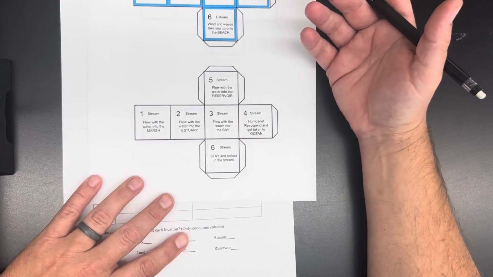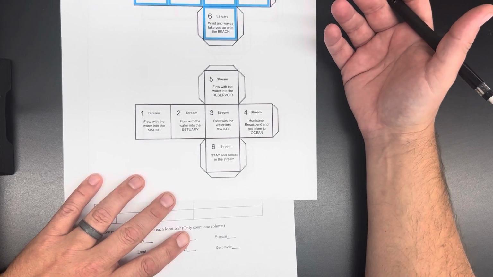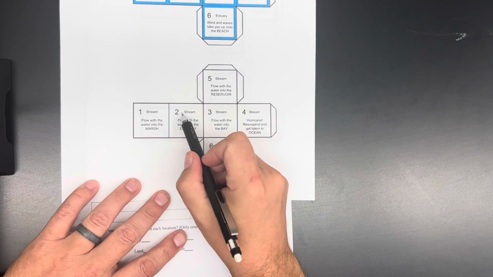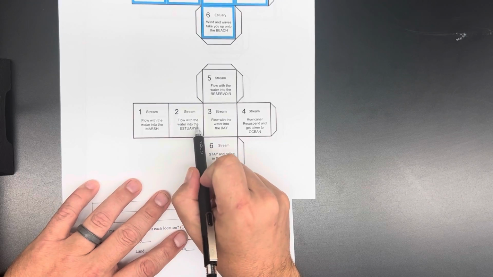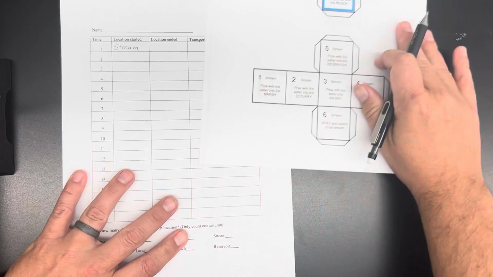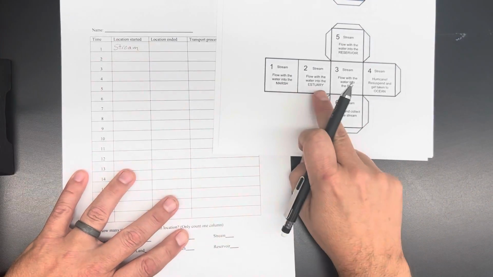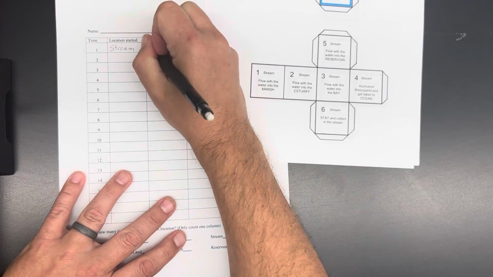I've got my die on my phone and I rolled it and it came up a 2. So I look at number 2 and it says flow with the water into the estuary. So I ended up in the estuary.